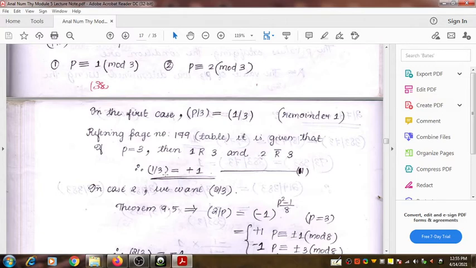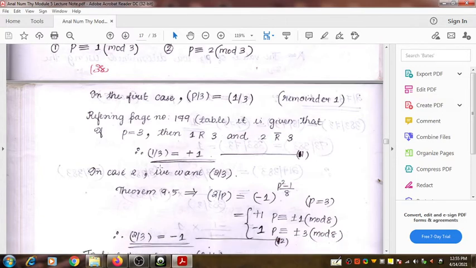Anyway, you can also write the Legendre symbol value (1/3) equal to plus 1 without referring to any table.